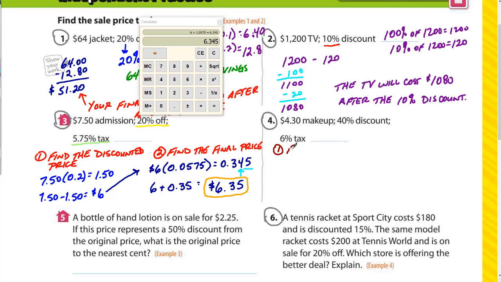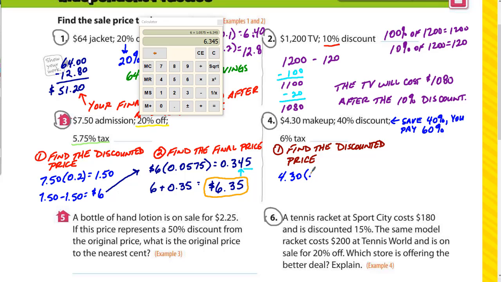So in problem 4, step 1, find the discounted price. I always talk faster than I write, of course. I'm going to start by saying, all right, I've got the $4.30. If you save 40%, you pay 60%.